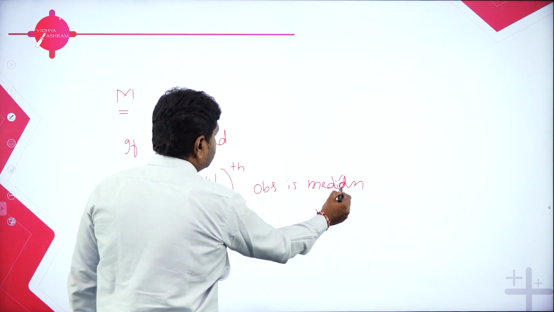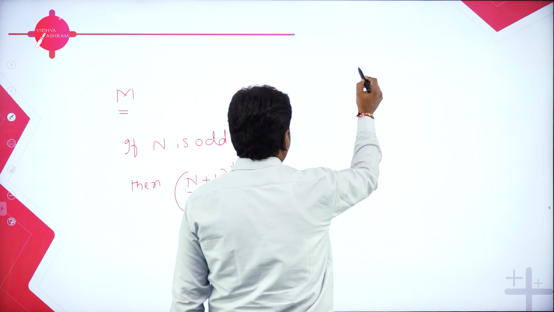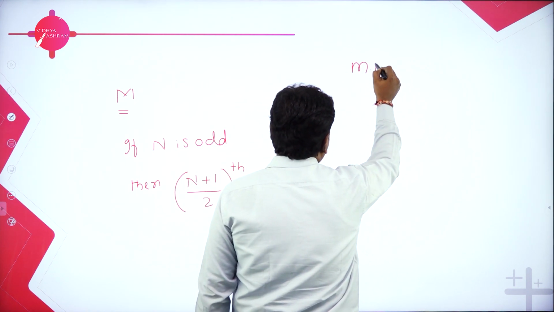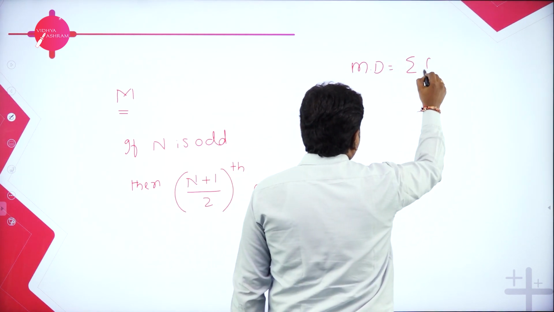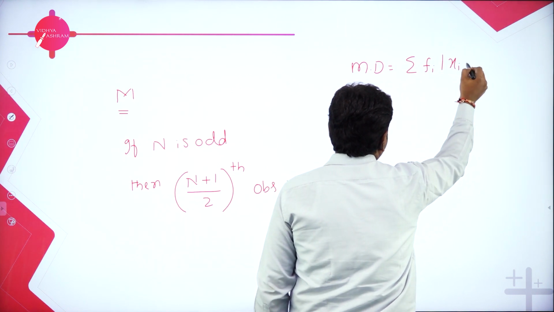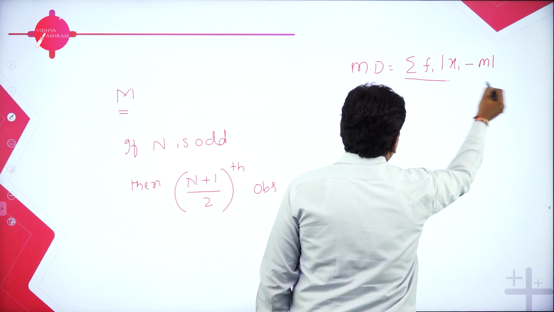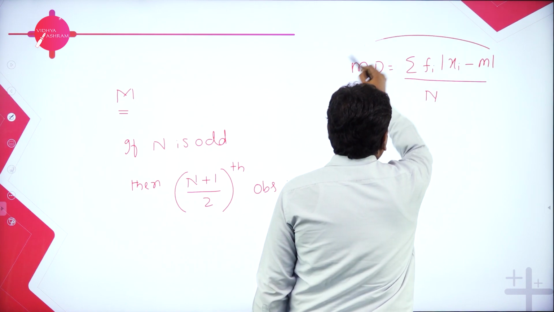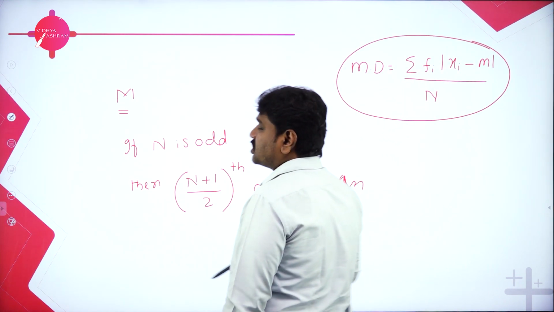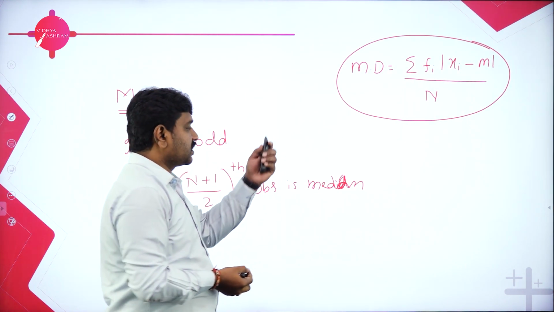Then apart from that, the second thing is mean deviation. How to calculate mean deviation? Sigma fi modulus of xi minus m divided by capital N. This is the mean deviation formula. Once you know this formula, you can construct the table.